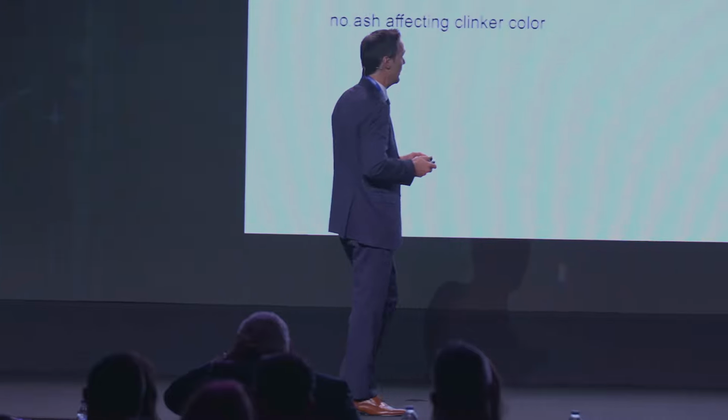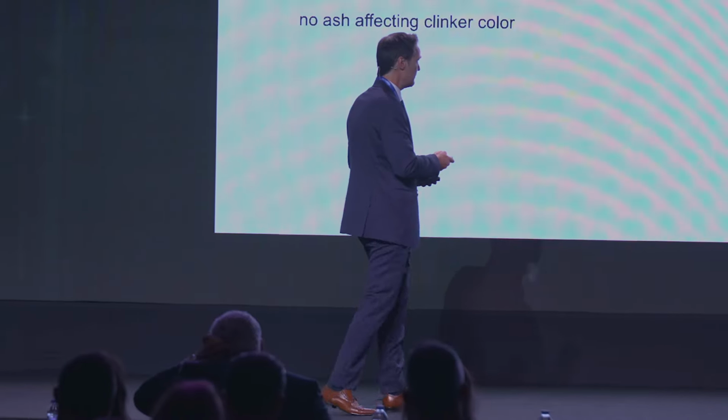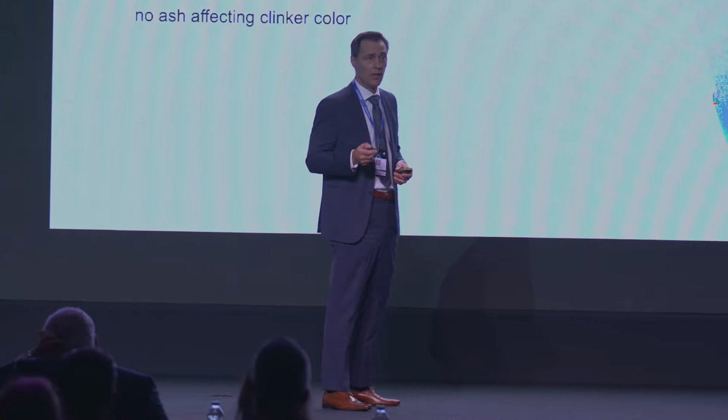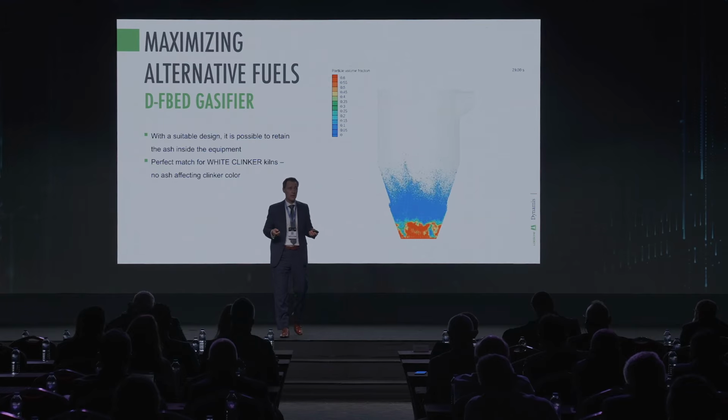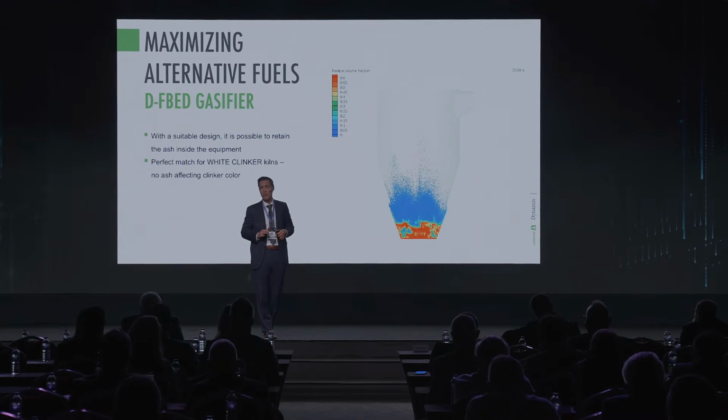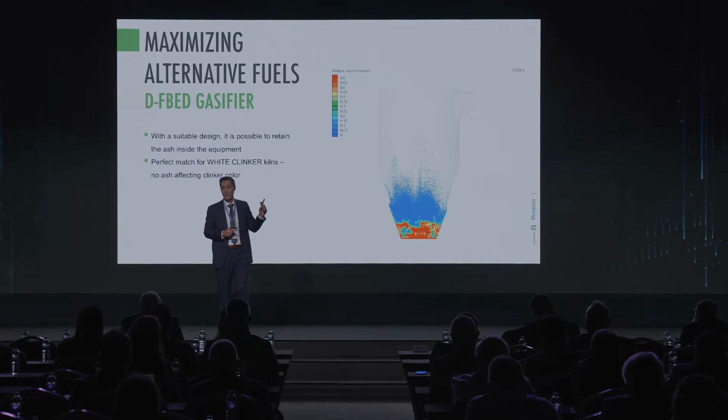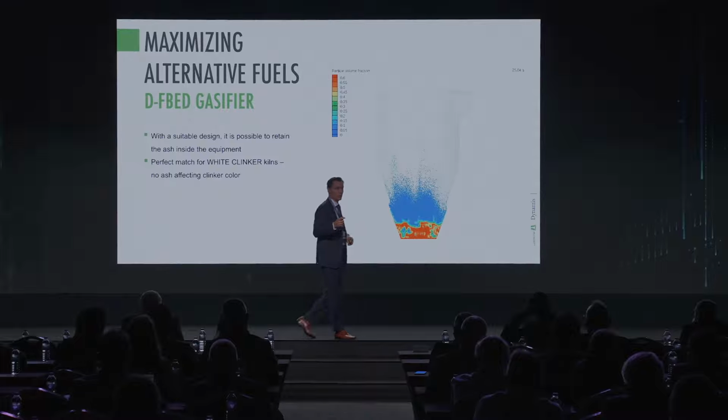So we can use alternative fuels, but since the ash does not go to the process, the white color of the clinker is not affected. In a project that we are conducting now in Slovakia, we are increasing the thermal substitution rate from currently 7% to 70%.